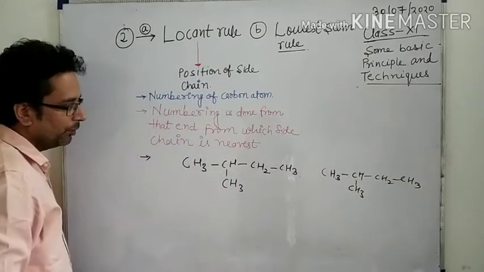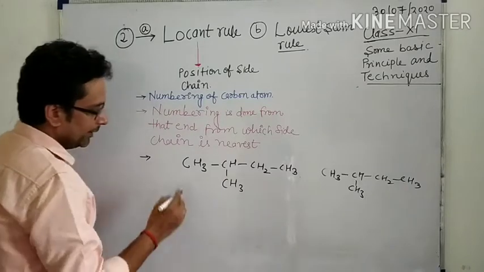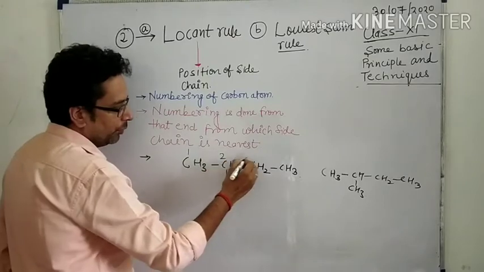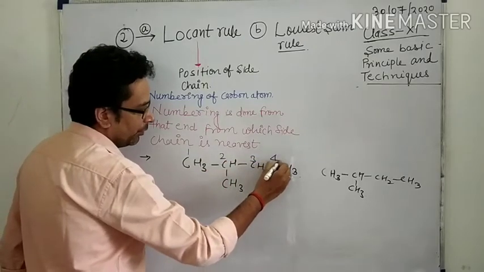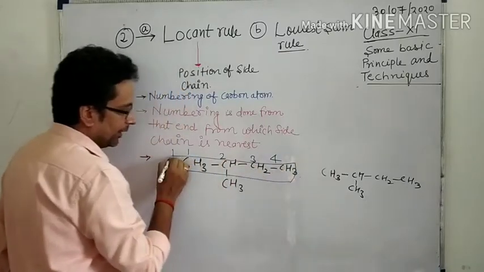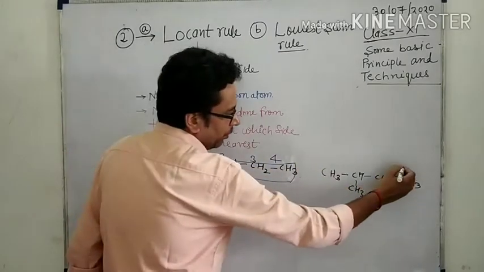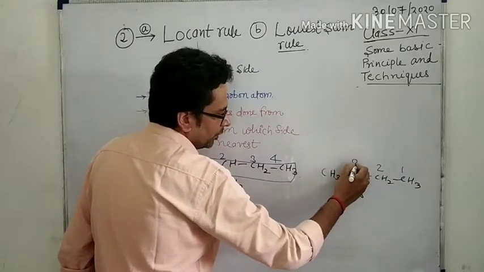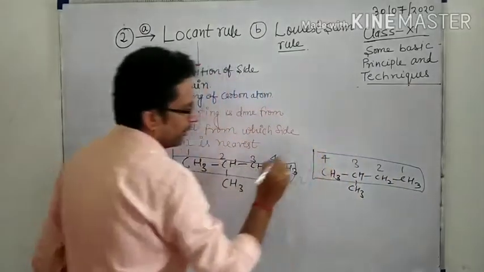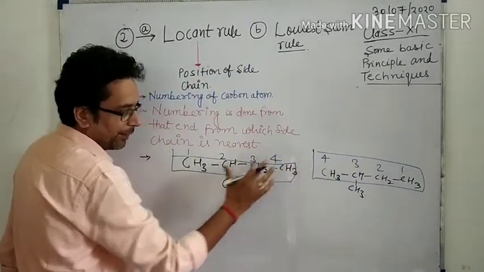Both compounds are the same. In one compound I select the longest carbon chain this way, 1, 2, 3, 4. In this structure we select 1, 2, 3 and 4 in this way. What is the difference in the numbering of carbon?